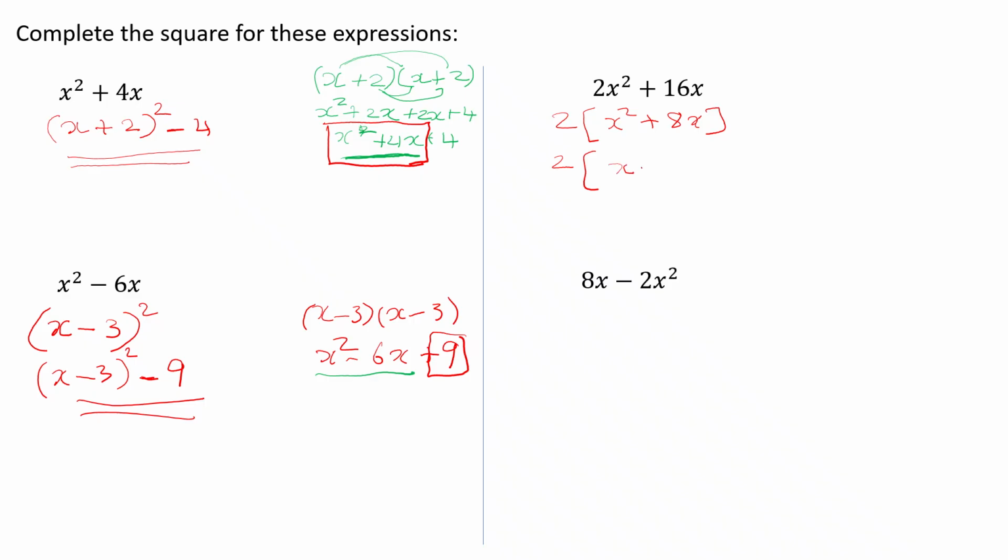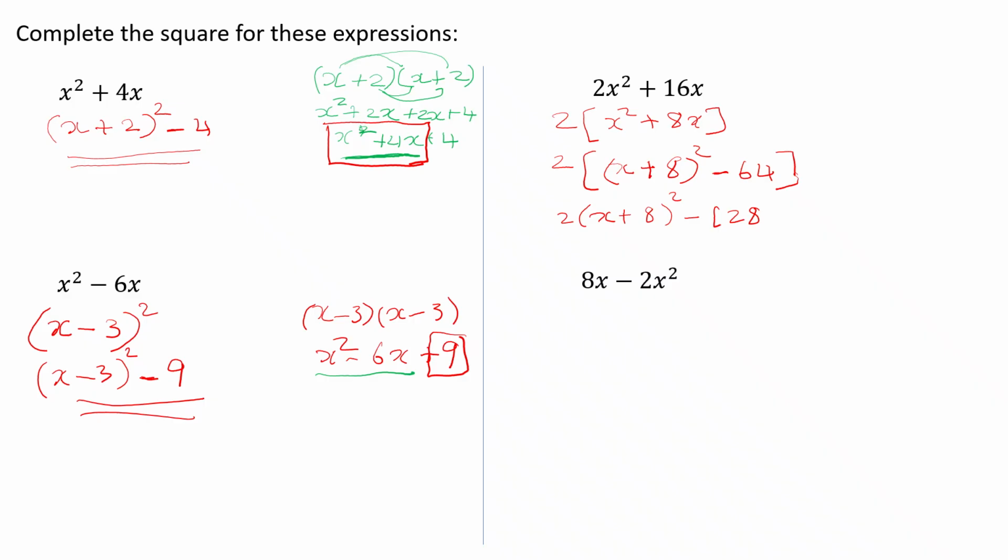So x plus half of 8, then squared, then take away 8 squared, which is 64. Now expand, multiply this 2, so 2 times x plus 8 squared minus 2 times 64, which is 128.